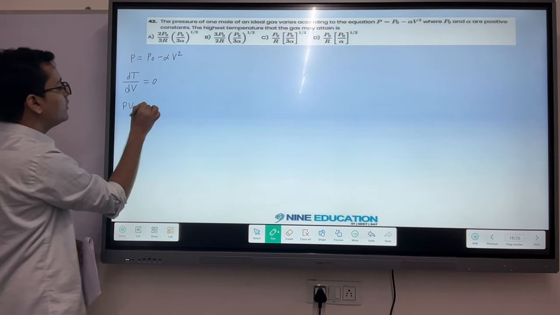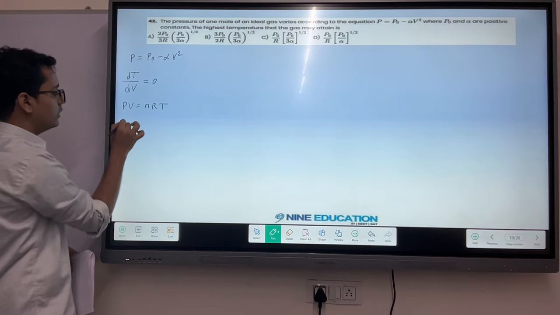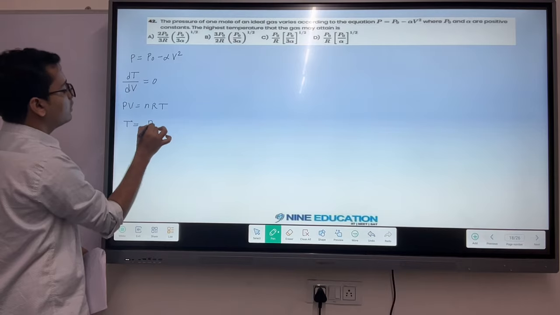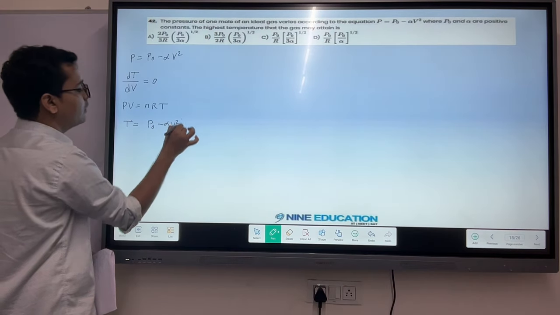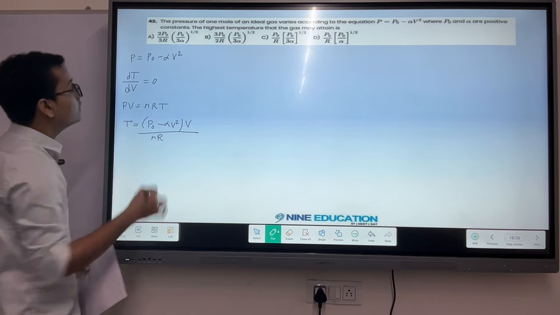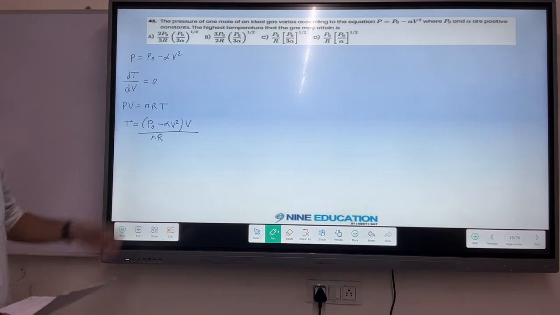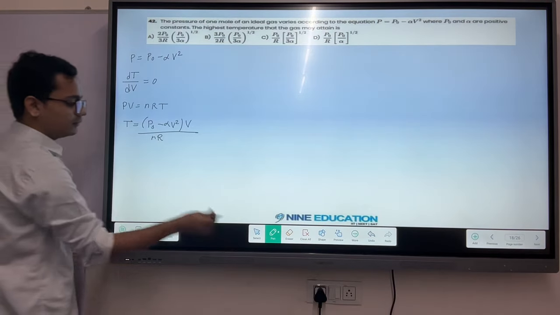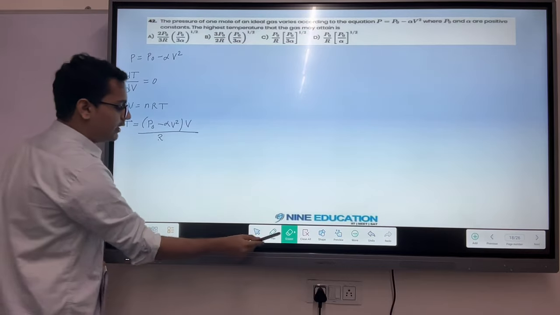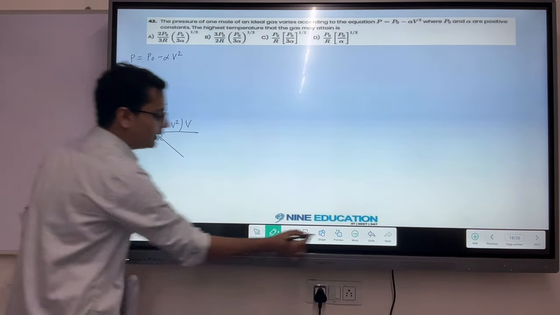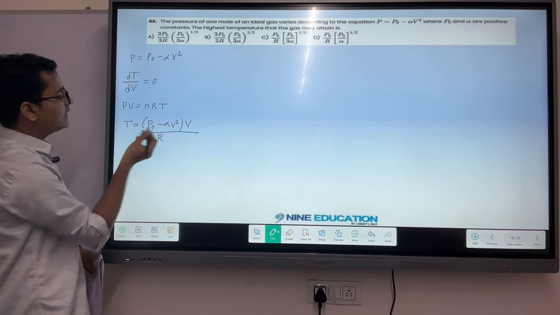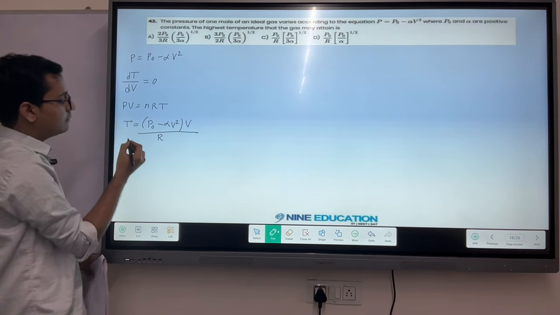So how do I get the temperature value? You have PV is equal to nRT. Okay. So I am going to write T is equal to (P naught minus alpha V square) V divided by nR. Clear? 1 mole of ideal gas, so n is 1. So that's it, you got the temperature relation.